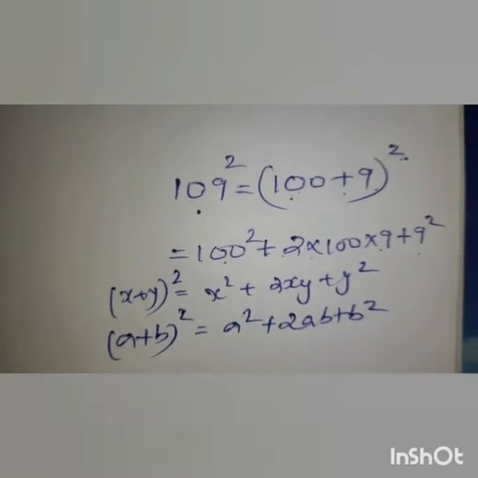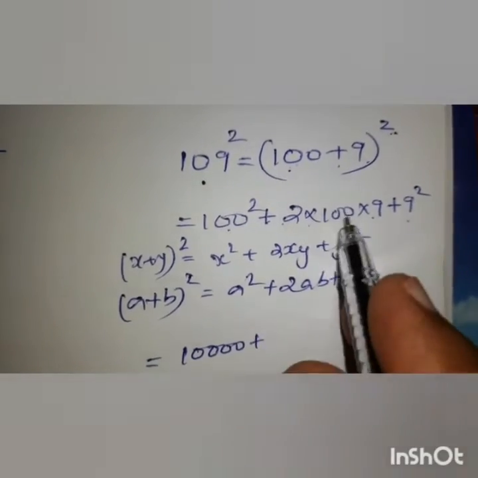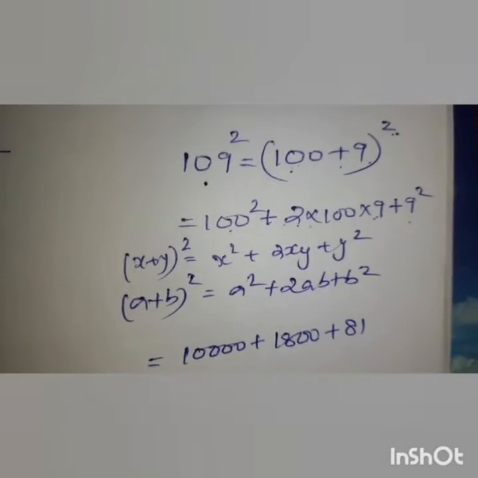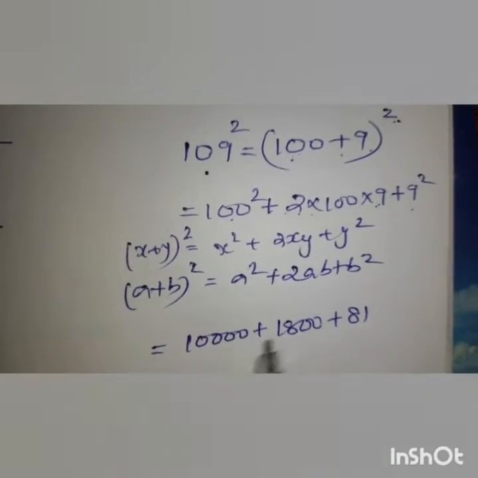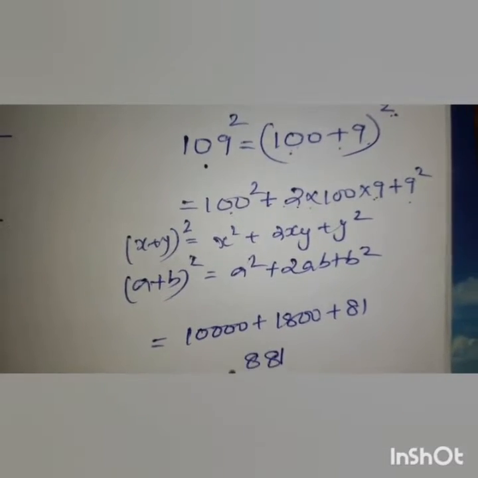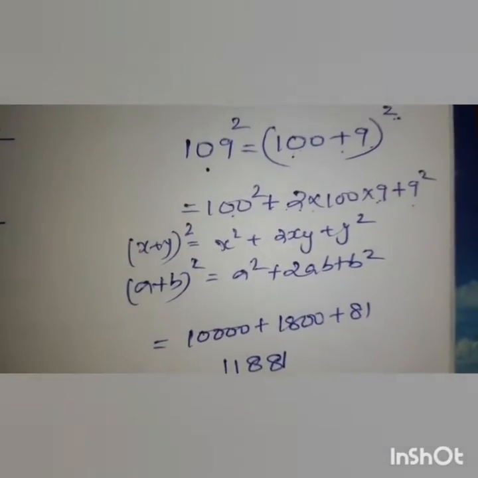So here 100 square is how much? 10,000, plus 9 into 2 is 18, 1800, plus 81. So we can write the total as 11881. So this is 109 square.